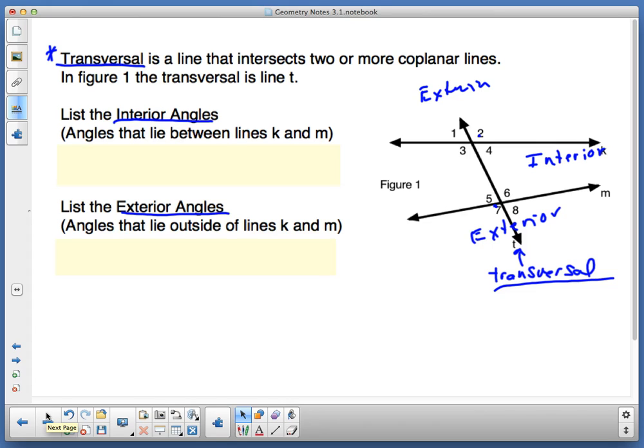Now that I've listed that, I want you to list the interior angles and I want you to list the exterior angles. Please, when you're listing angles, use the angle symbol when you name them. Go ahead. I'll give you time and we'll do interiors first and I'll expose the answers in 30 seconds.